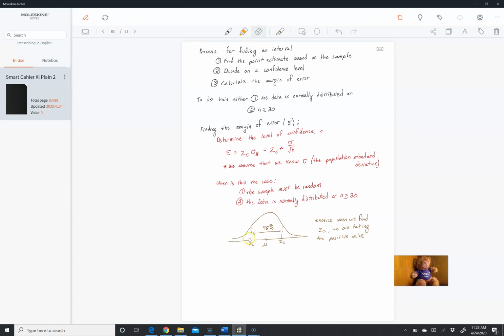What are we looking for in the z-score table? Well, if this is 95%, then we need to subtract the 95% from 100%, or 1 minus 0.95.